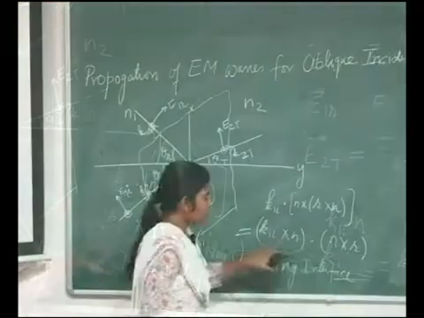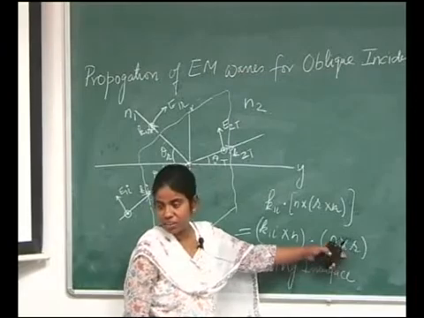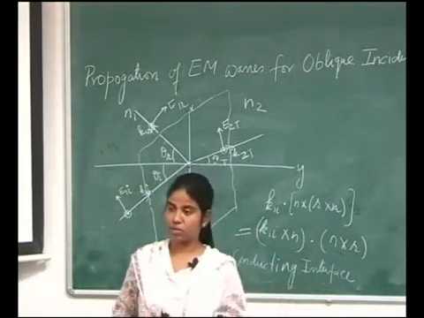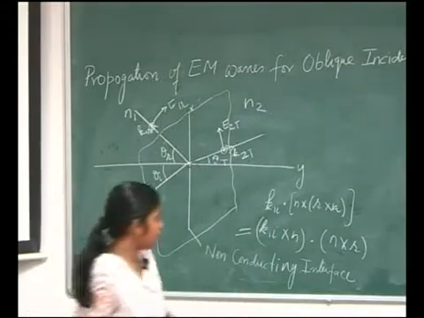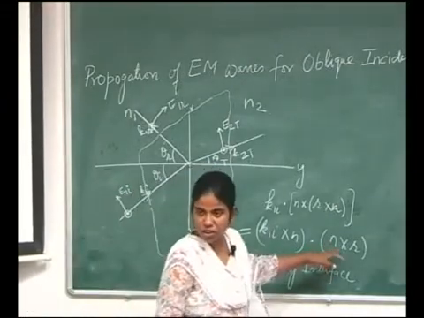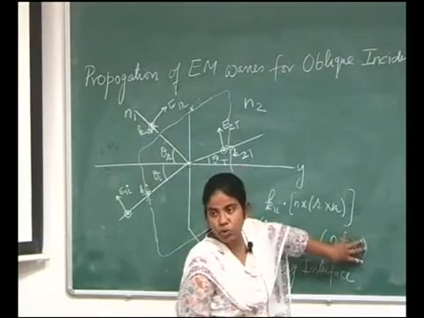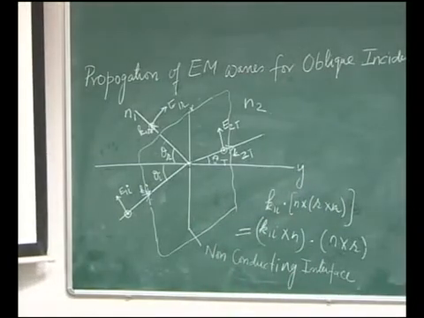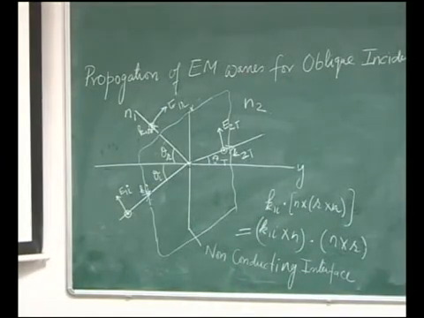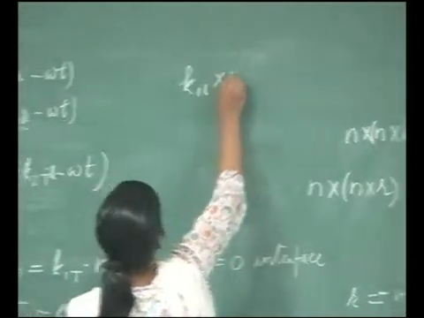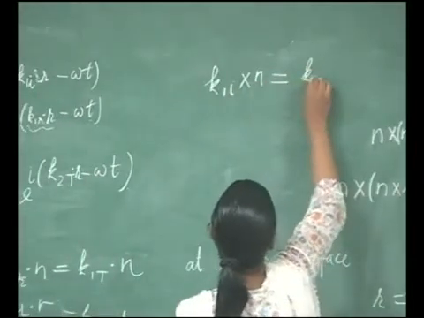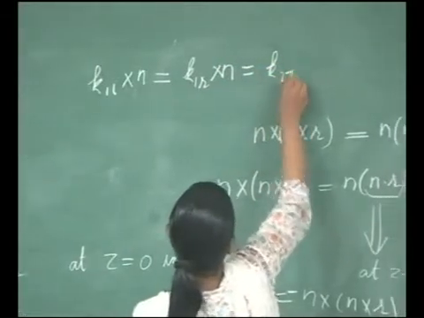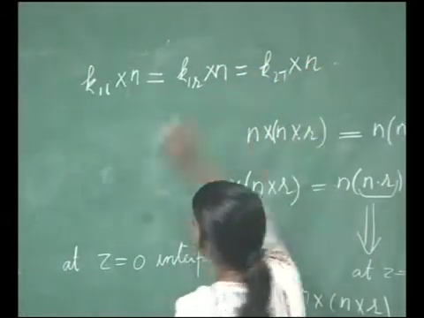Now this n cross r is a cross product, at the interface it will take value 1. So what I will get here is that k1i cross n is equal to k1r cross n is equal to k2t cross n.